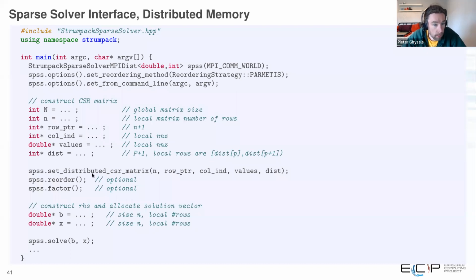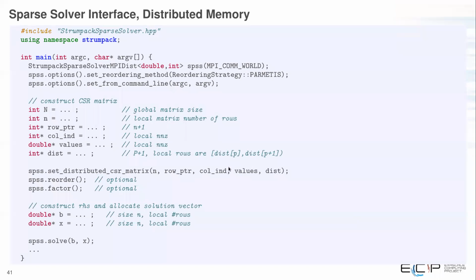And then this is the SparseSolverMPIDist interface. So you have to include the SparseSolverMPIDist header, but the interface is similar, but now you use set_distributed_csr, and you specify the distributed CSR format, which consists of a local CSR matrix on every processor, plus an additional vector dist, which describes the distribution.